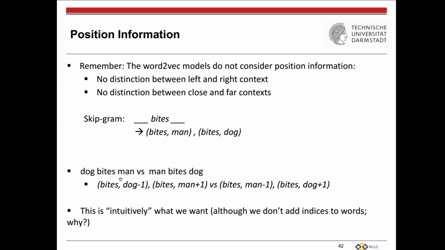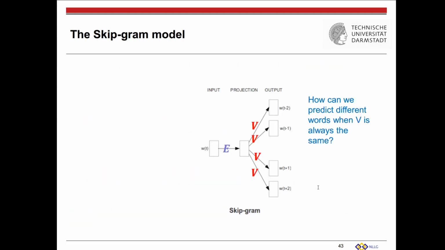Because we destroy the word identity by prefixing or suffixing some integers to the words. So dog -1 is not the same as dog +1, and it is neither the same as dog.